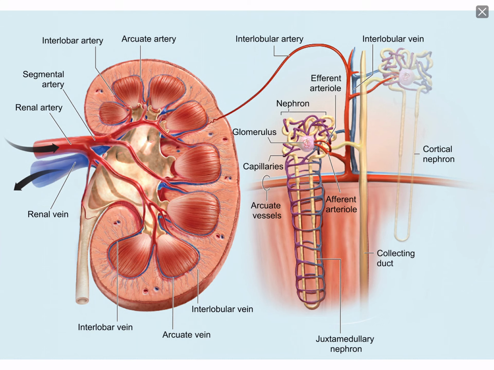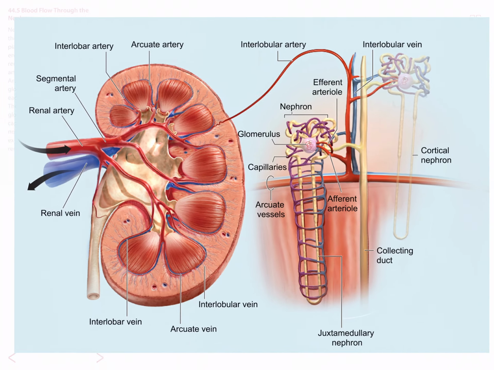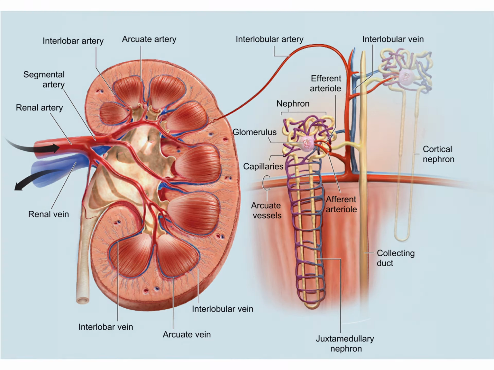Now you can see there's my afferent arteriole and my efferent arteriole, my glomerulus, my capillaries. All of this is filtering that product.